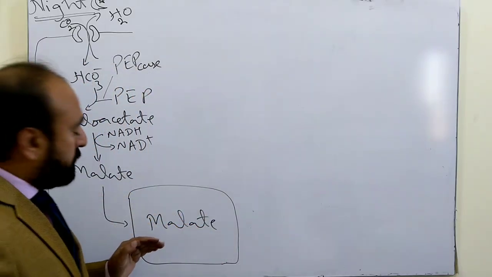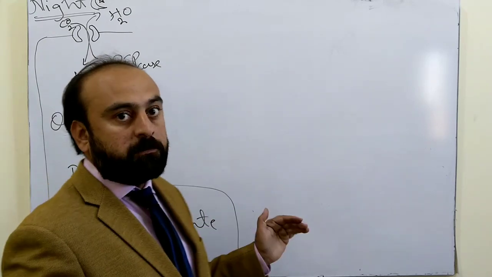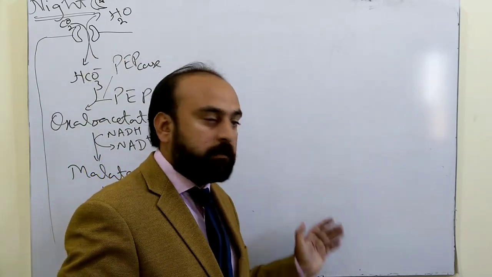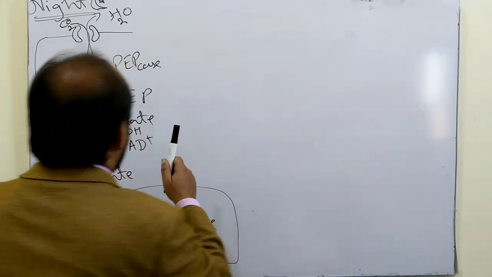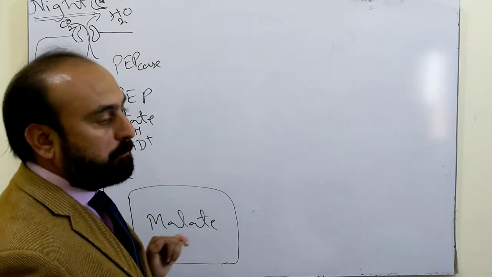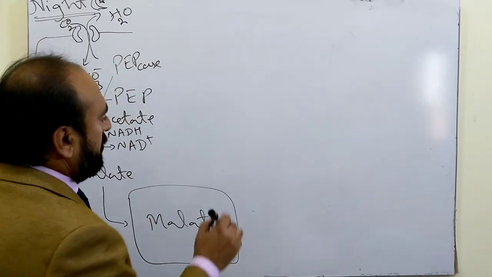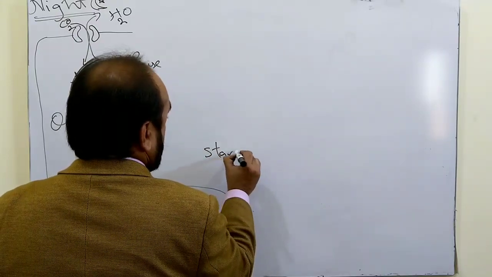and this malate is stored in plant vacuoles. So that is why the liquid of those cactus plants tasted acidic during night time. And the source of this first carbon dioxide acceptor molecule, phosphoenol pyruvate, is the starch in the chloroplast.